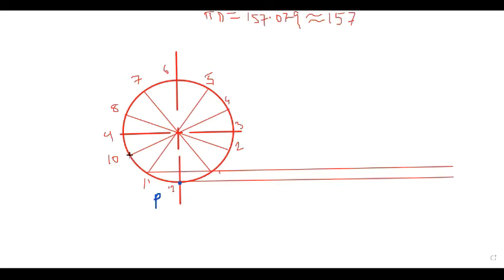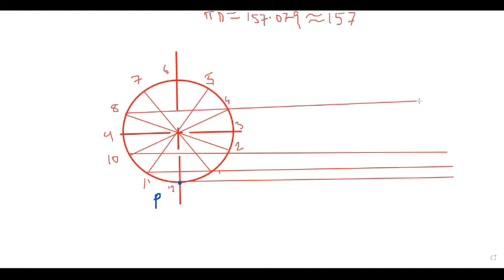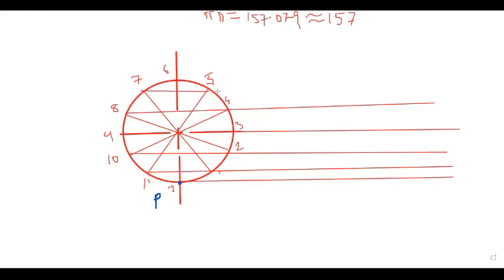Then 10 and 2 will be on the same line. Then 8 and 4 will be on the same line. And 3 and 9 will also be on the same line. And 7 and 5 will be on the same line.